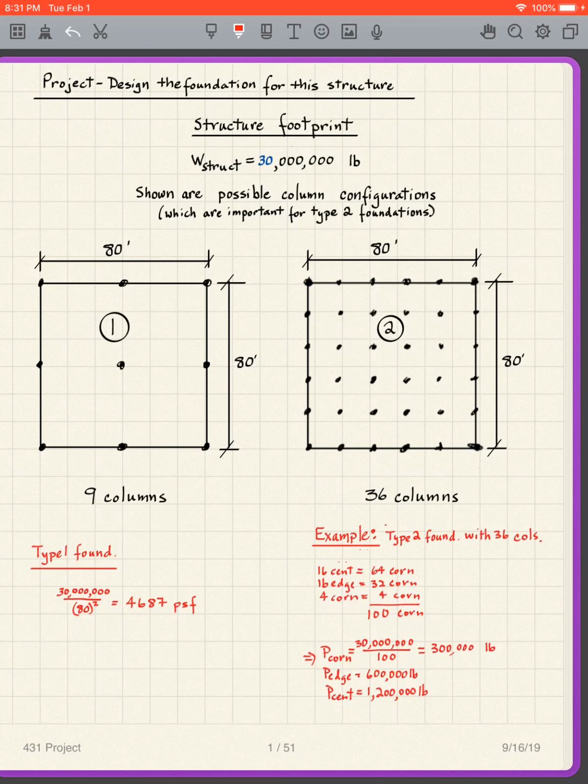And so all of these center columns, in a sense, count as 4. So I have 1, 2, 3, 4 times 4. I have 16 center columns, and that's equal to 64 corner columns. And the edge column is worth 2 corners.